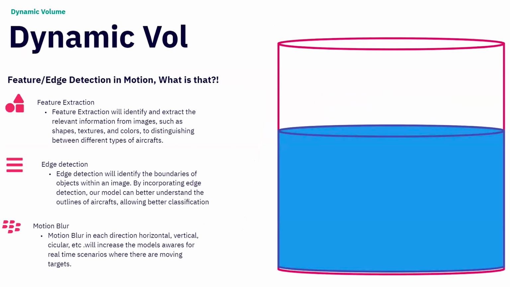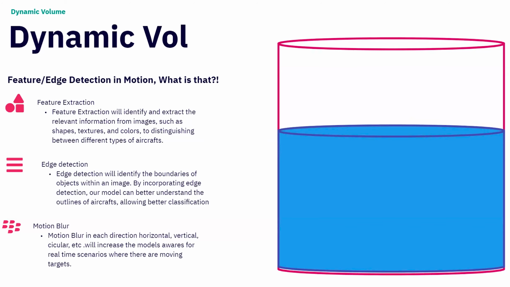And then getting into what is actually dynamic volume. So you probably heard me mention feature and edge detection in motion. Okay, what is that? So the 3 categories I chose to use in order to model and train on was actually feature extraction, edge detection, and also doing some pre-processing techniques, not exclusively, but some motion blur in there.